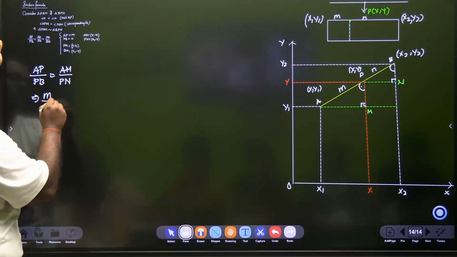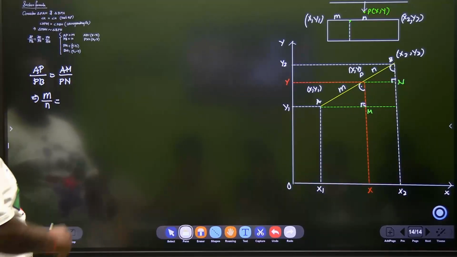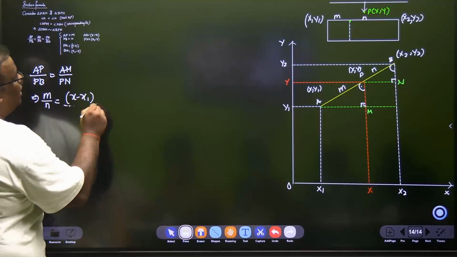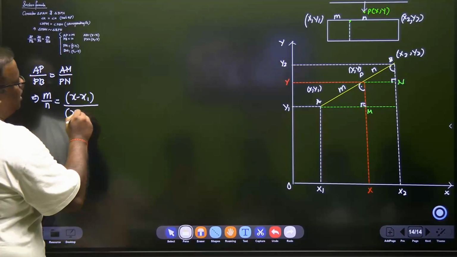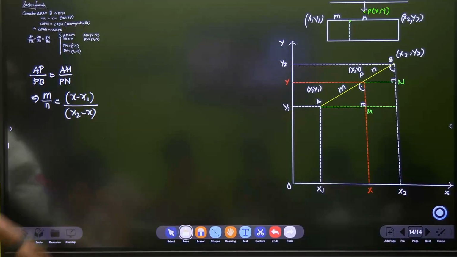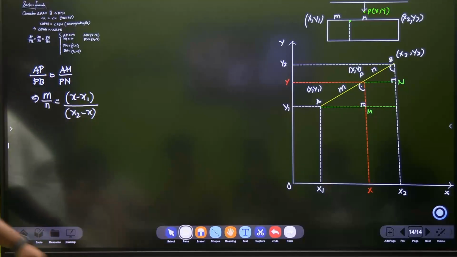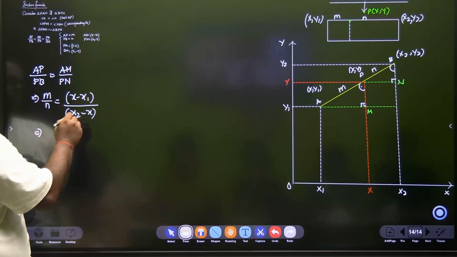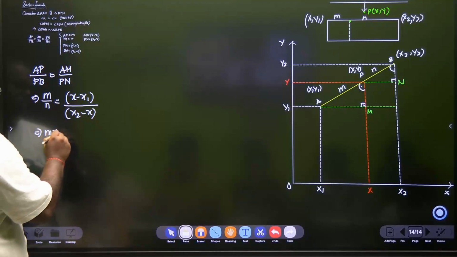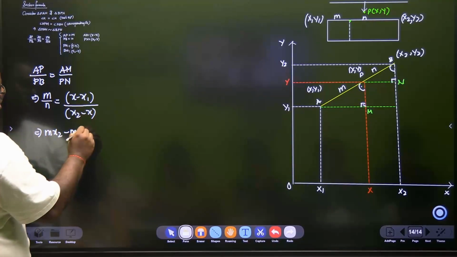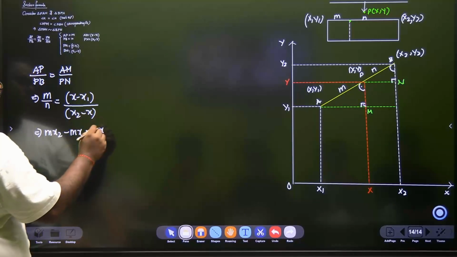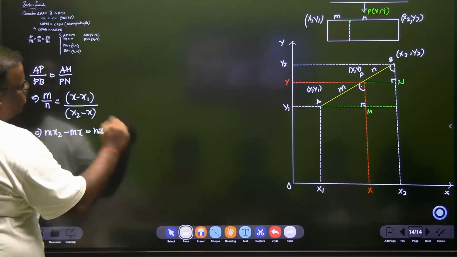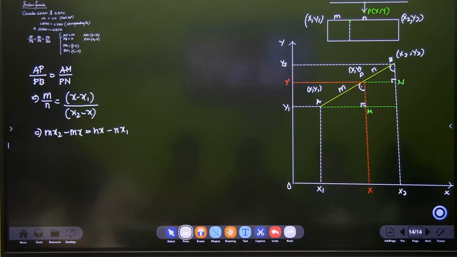M by N is equal to AM, whose value you have already found, X minus X1 divided by X2 minus X. Your job is to get the value of x and y, simple as that, right? So let's solve this. What does it give you? MX2 minus MX is equal to NX minus NX1. My job is to get only the value of x.